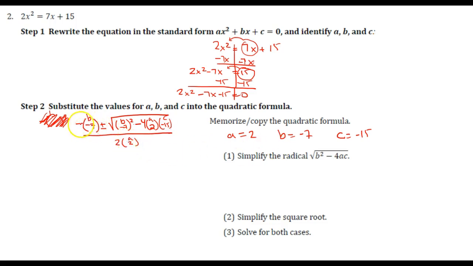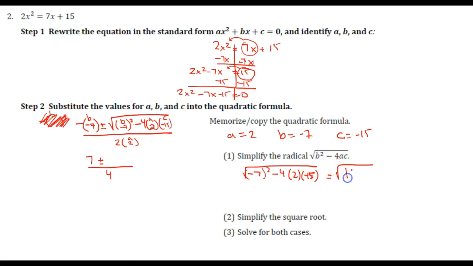So we'll work this out. The opposite of a negative 7 is a positive 7. 2 times 2 is 4, and we're going to take some time to actually simplify this out. So pause if you need to and figure out what this would be under the square root.